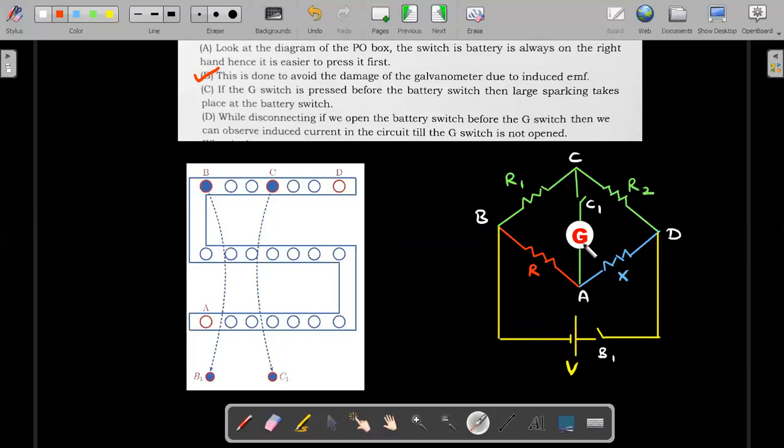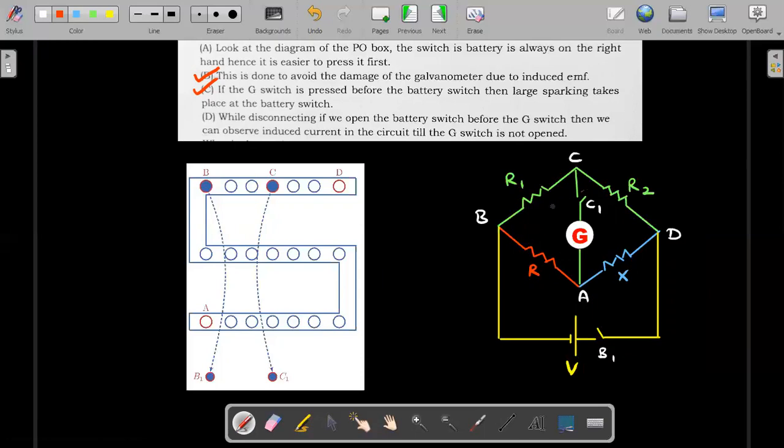So option C: if the galvanometer switch is pressed before the battery switch, pressed means you're closing it, then it is ready in the circuit, and then you close the battery, then the galvanometer will start having di by dt or dB by dt. That's the problem. And while you're opening the switches, that means the circuit is running right now and you want to open, please open the galvanometer first.